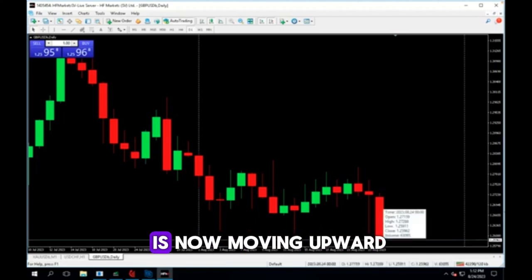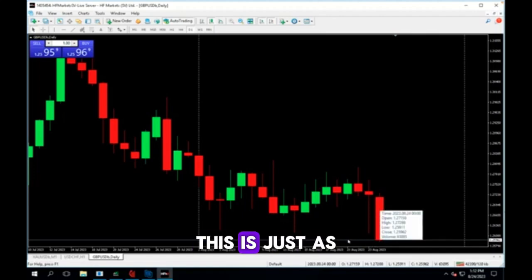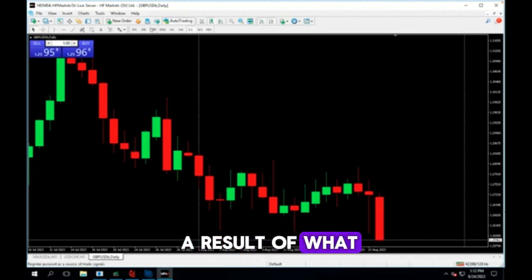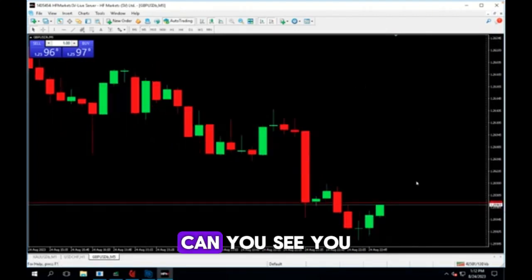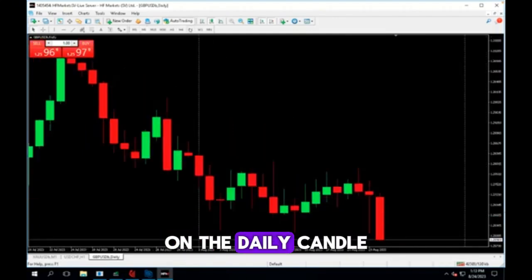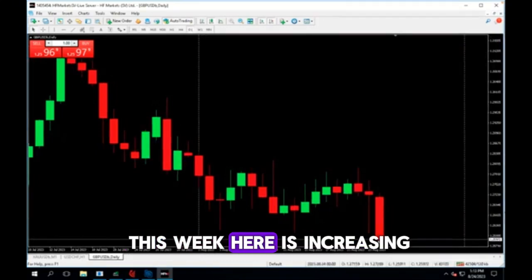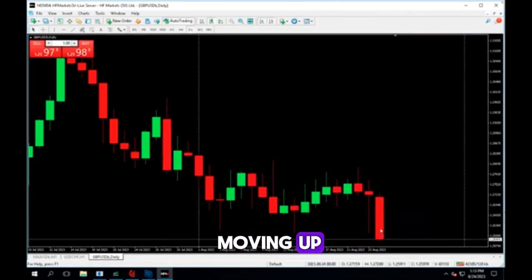That's why this body is now moving upward. You see the small wick here. This is just as a result of what is happening here. Can you see? This one is going up. And because this is going up on the daily candle, can you see that this wick here is increasing because the price is moving up?